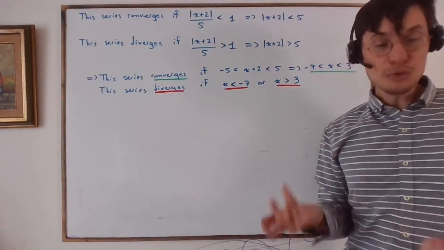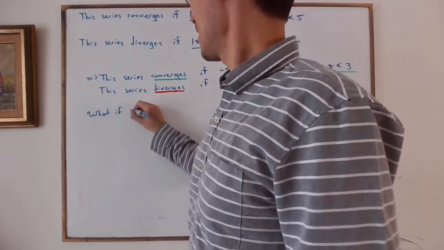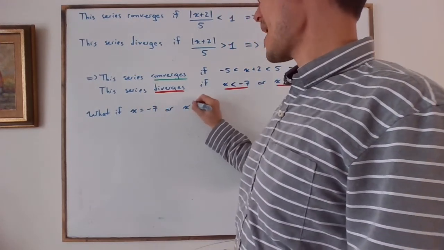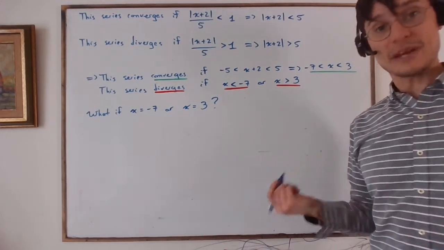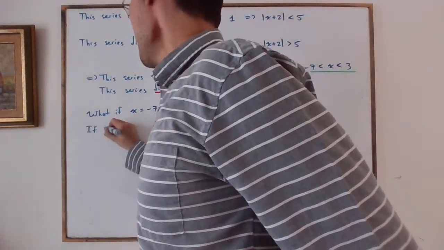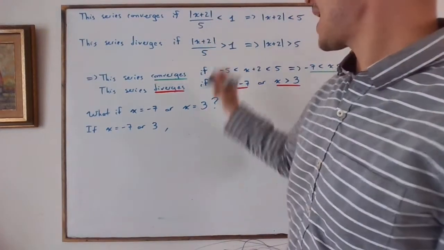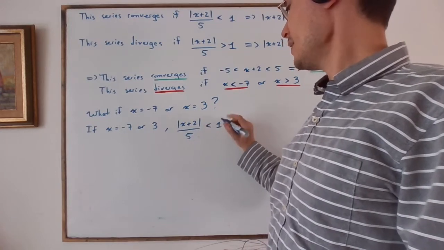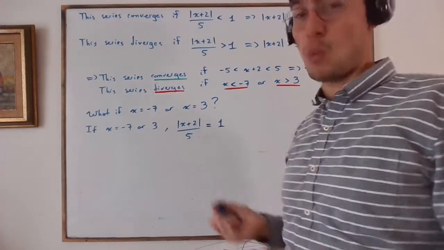We need to investigate two more values, okay? So what if x is equal to negative 7 or x is equal to 3, right? What's happening at exactly these two values? Well, here we have a problem because if x is equal to negative 7 or 3, we have that x plus 2 divided by 5 is exactly equal to 1, okay?